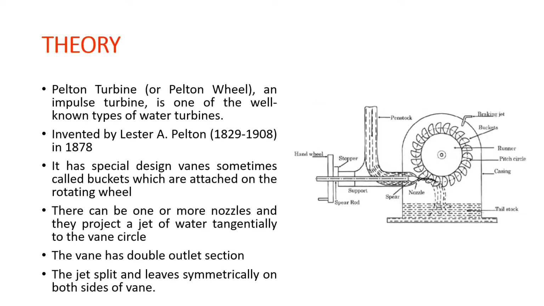One or two nozzles project a jet of water tangentially to the vane pitch circle. The vanes are of double outlet section, as shown in the figure, so that the jet is split and leaves symmetrically on both sides of the vane.